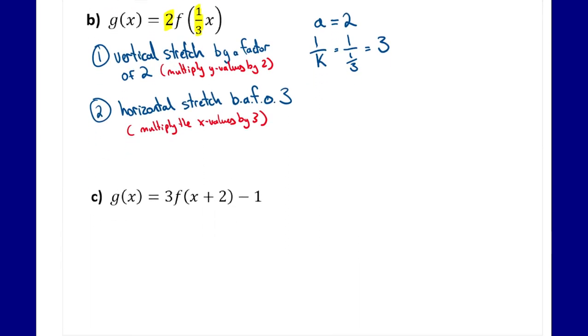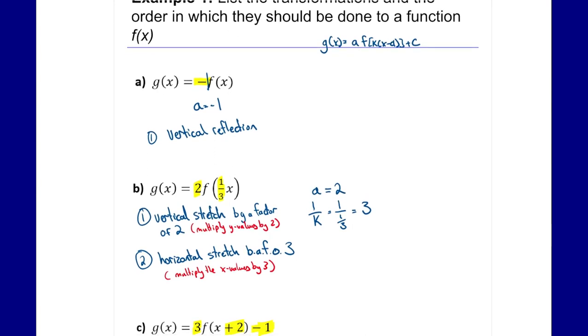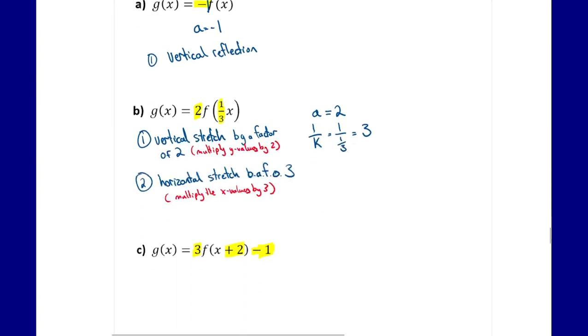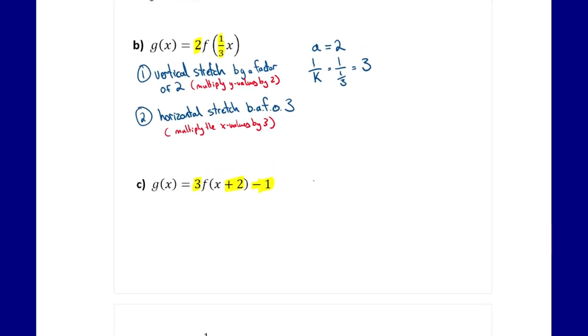So that's what we mean when we're talking about a horizontal or vertical stretch. For C, I'm just going to highlight where my transformations are going to occur and figure out what variables they represent from that parent function. Scrolling back up, g of x is equal to a f of kx, where x is part of the parent function, minus d plus c. Here I have my a value, which is 3.